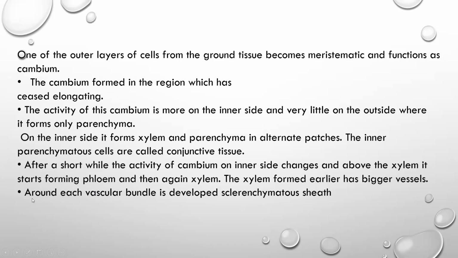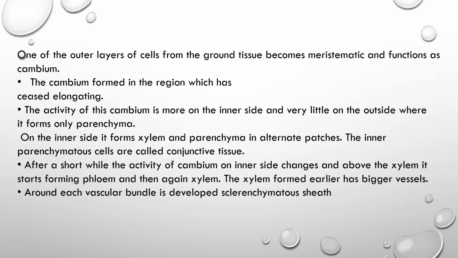This cambium produces more tissue on the inner side and very little on the outer side. On the inner side it forms xylem and parenchyma in alternate patches: xylem, then parenchyma cells, then again xylem.